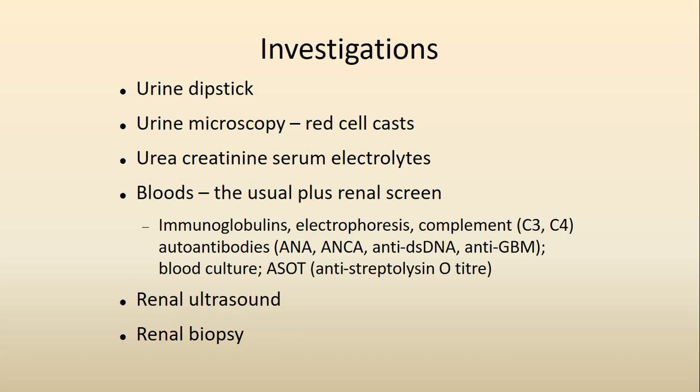Blood tests: the usual plus renal screen, immunoglobulins, electrophoresis, complements, antibodies, ANA, ANCA, anti-double-stranded DNA, anti-GBM, blood culture, ASO titers. These are the blood tests for diagnosis of nephritic syndrome. Again, renal ultrasound, and the gold standard is renal biopsy for definitive diagnosis.